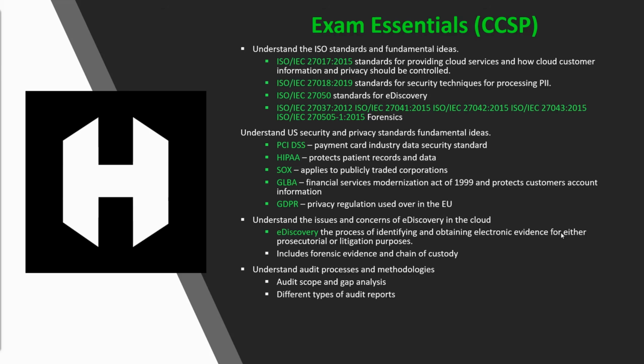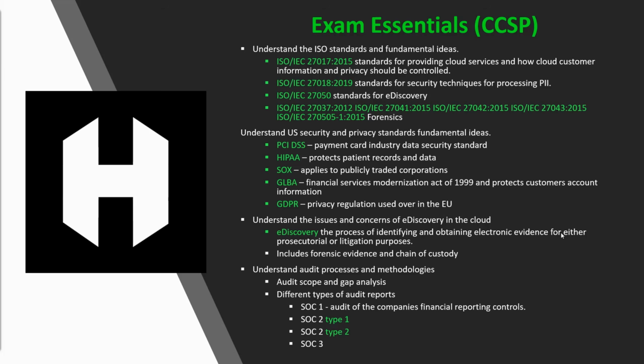Now, also understand the different types of audit reports, and what I mean by that is your SOC 1, which is an audit of the company's financial reporting controls, your SOC 2 Type 1, your SOC 2 Type 2, and your SOC 3. Now, your SOC 2 Type 1 is pretty much a description of the controls that are placed into operation, usually over a 6-month period. And your SOC 2 Type 2 is reports that go more in depth.